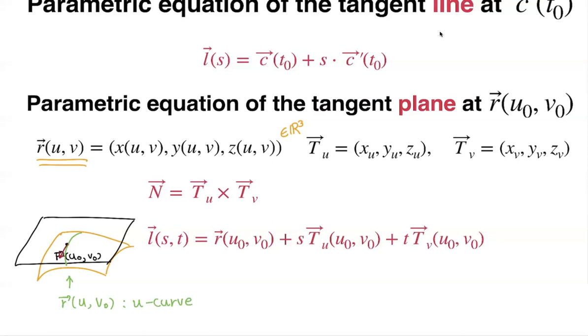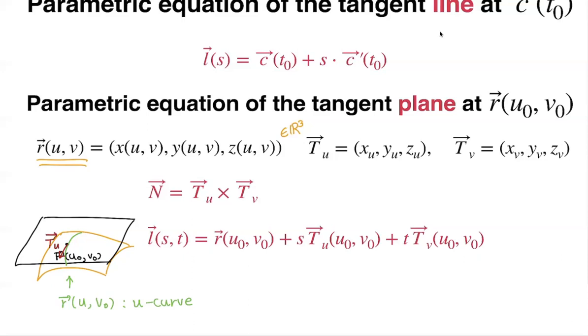And this vector is the tangent vector to the curve. So it is exactly r prime u of v0, but we can calculate it using the partial derivative.